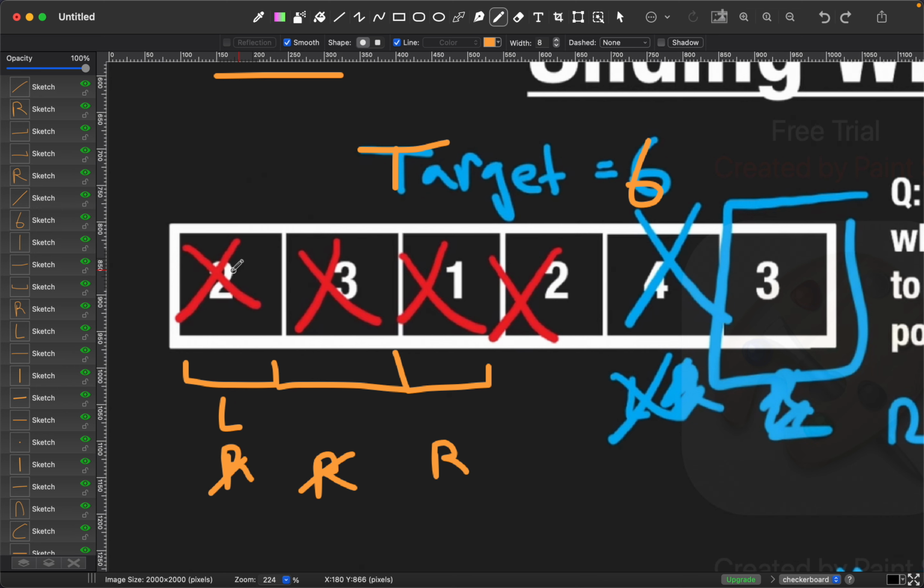Add up all the values per se. So here at the start it's already 3, 1, 2 and 4. Add the values. Is it a 6 towards the target?